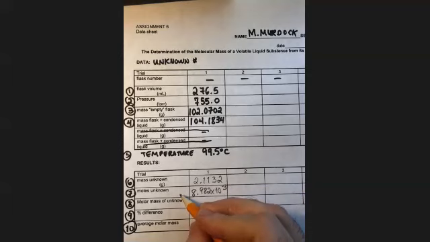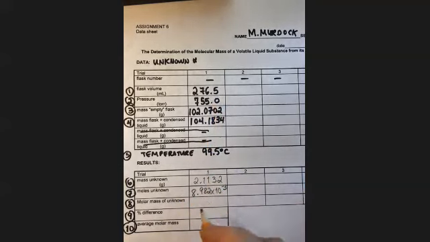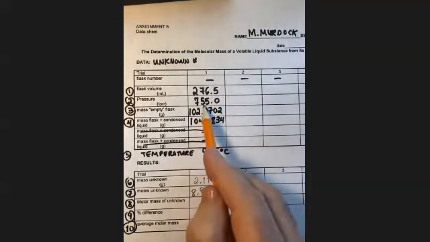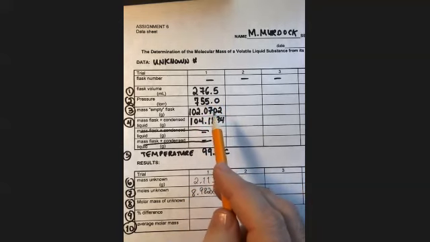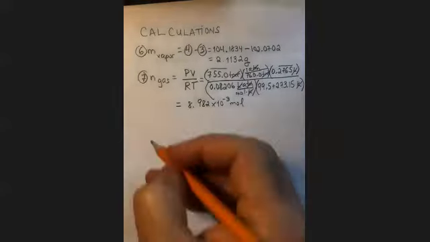Again, remember, this represents how much of the vapor was present in the flask at the temperature we measured for the boiling water and against an outside pressure of 755.0 torr.